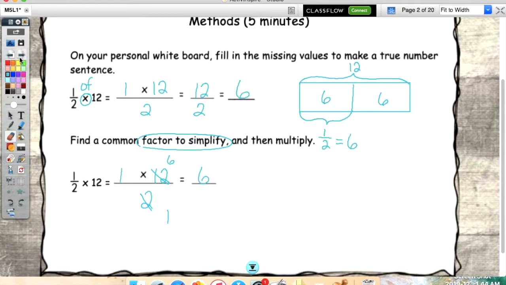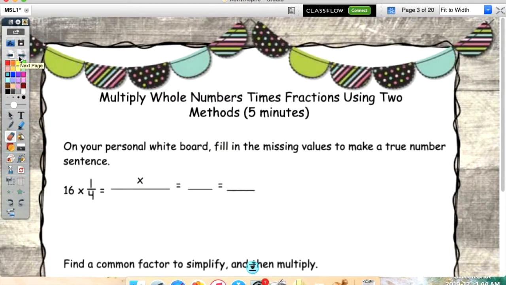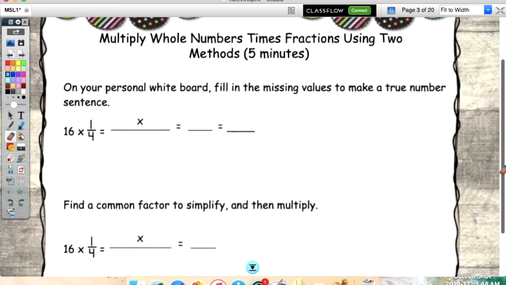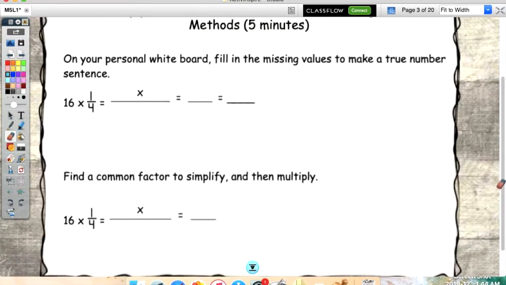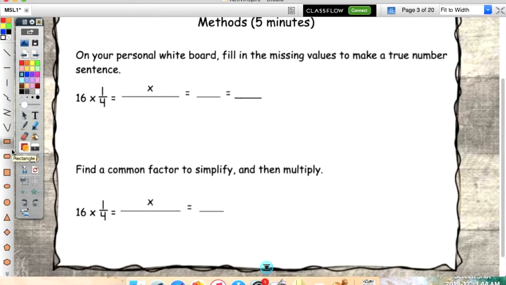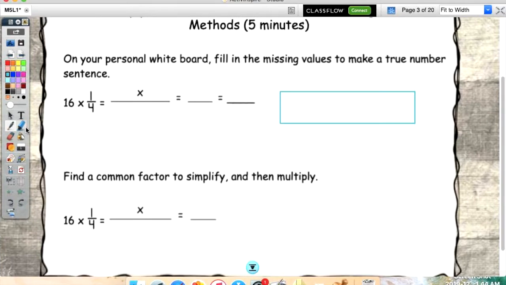Okay, let's do another. I really think this is kind of fun. So this one is 1/4 of 16, or 16 times 1/4. So get yourself a tape diagram. Okay, what's my total, Logan? 16. What's my denominator?